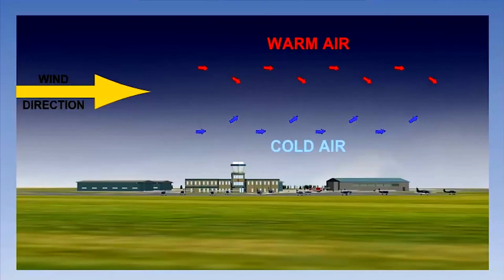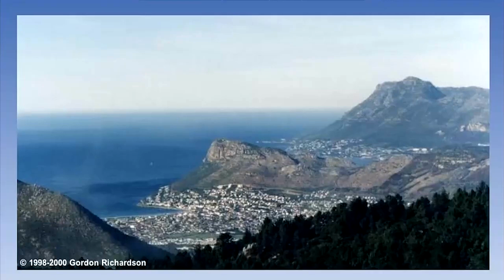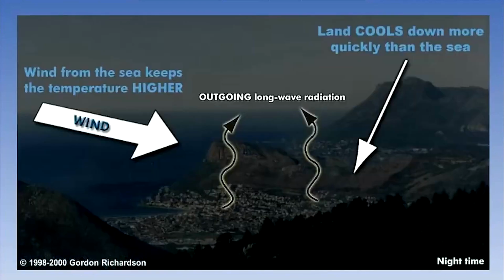The direction as well as the speed of the wind has an effect on the temperature. This is mainly a product of the surface over which air is moving. If wind is blowing from sea to land, or vice versa, the effect on the temperature will depend on the time of day.